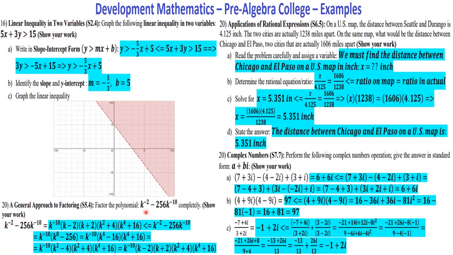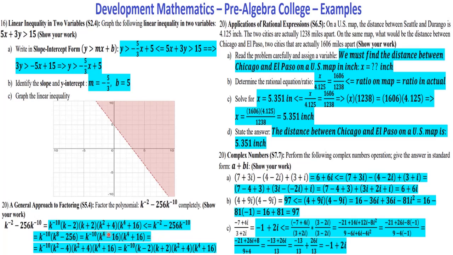Then here, if you want to factor k to the minus 2 minus 256k to the minus 10 completely, you factor out the smallest power, which is k to the minus 10. What is left is k to the 8 minus 256, which can be factored as k to the 4 minus 16 times k to the 4 plus 16.